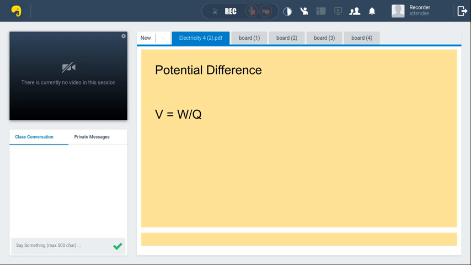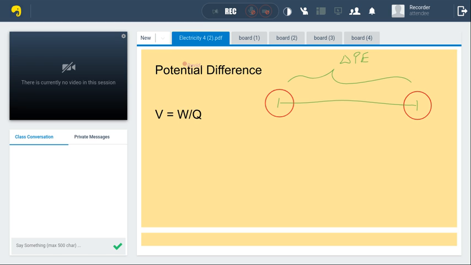Potential difference. Well, we knew what potential difference was. We know the potential difference is the difference in potential energies felt between 2 points. So there was a difference there. So delta, and we'd say potential energy.